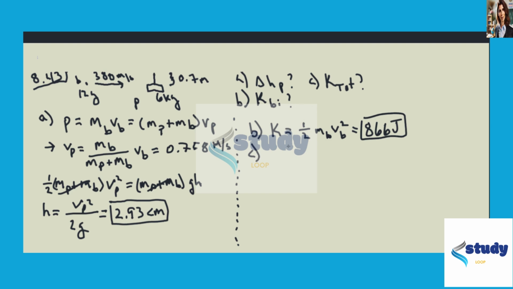Now, immediately after the collision, we need to know what the total energy is of the bullet and pendulum moving together. And because this collision is totally inelastic, we expect that there's going to be a loss of kinetic energy because some of it gets dissipated in deforming the material of the pendulum, and it gets turned into heat and sound and all sorts of things.